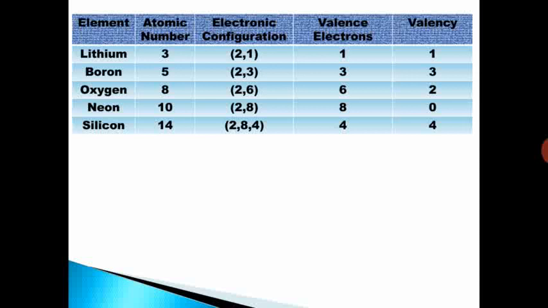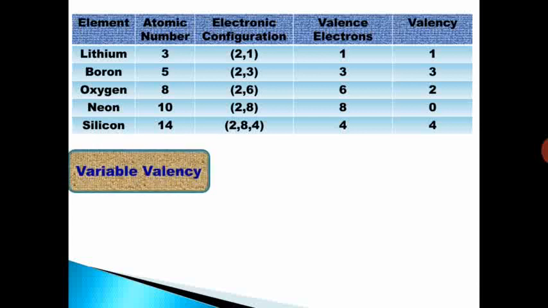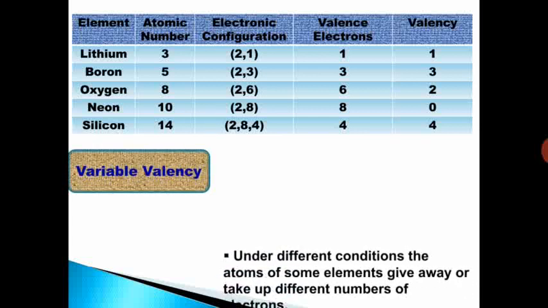Neon has already completed its octet. It is already in a stable state. Being 8 electrons in the outermost shell means valence electrons are 8, so its valency is 0. Now silicon, atomic number 14, configuration 2, 8, 4. 4 electrons are there in the outermost shell and valency is also 4.